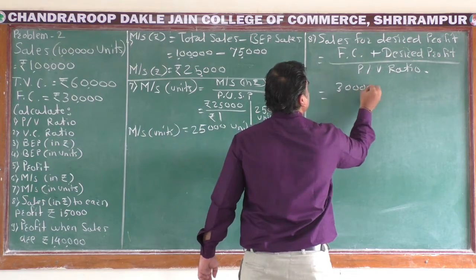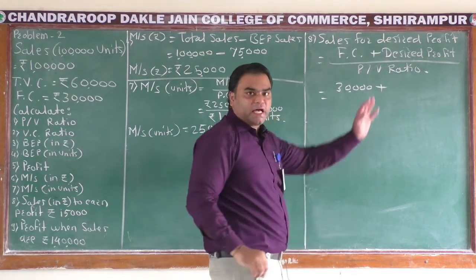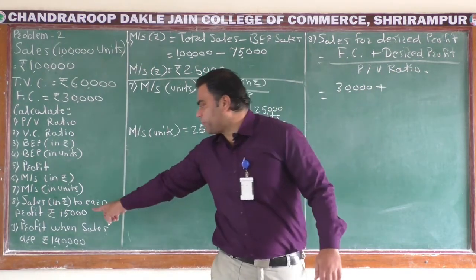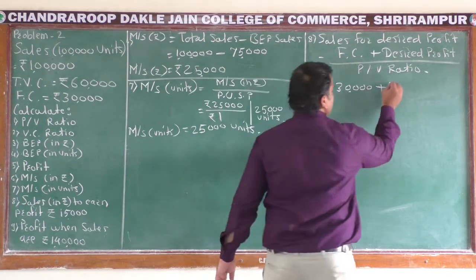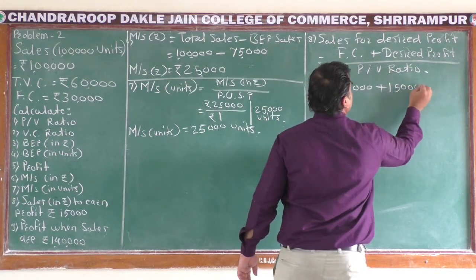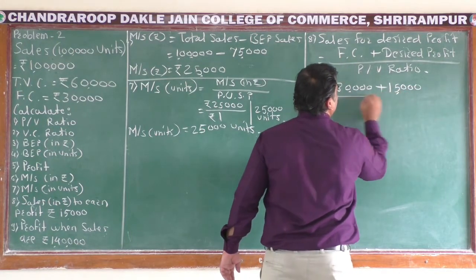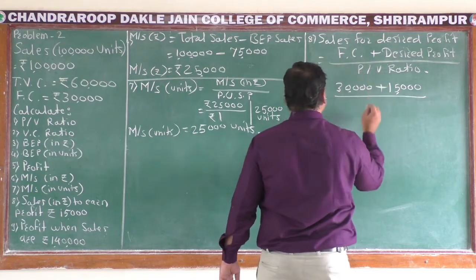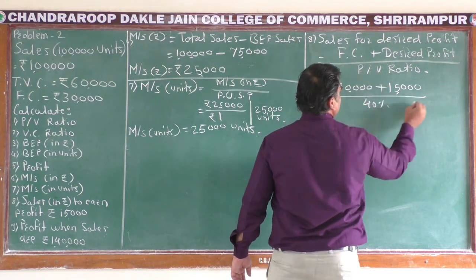So 30,000 plus desired profit. How much profit do we desire? 15,000. So 30,000 plus 15,000 divided by PV ratio, which is 40%.